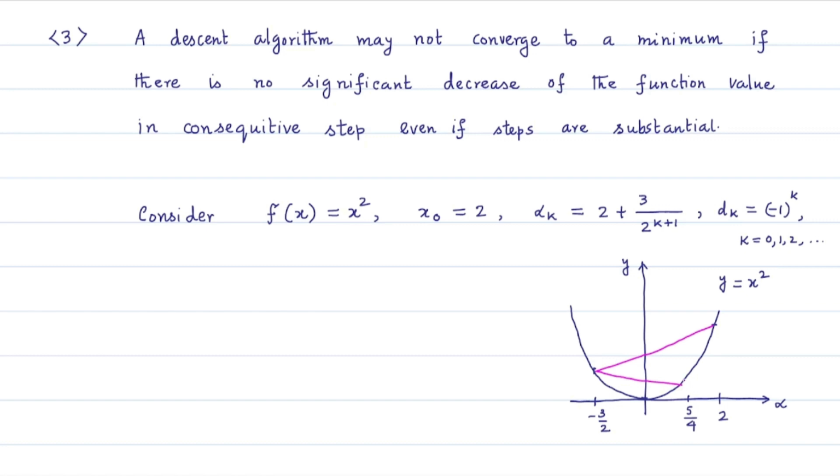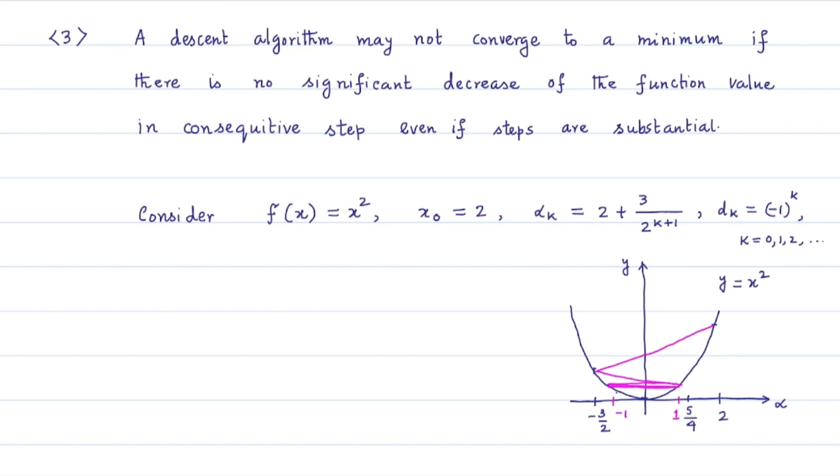Then as the iteration counter k increases, the function value eventually gets stuck at the value y equal to 1. When k gets larger and larger, we'll find that the iterative point xk eventually fluctuates between 1 and minus 1, taking the function value almost equal to 1.